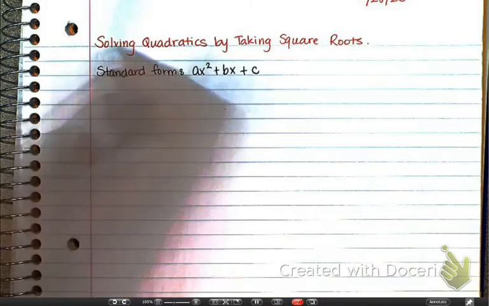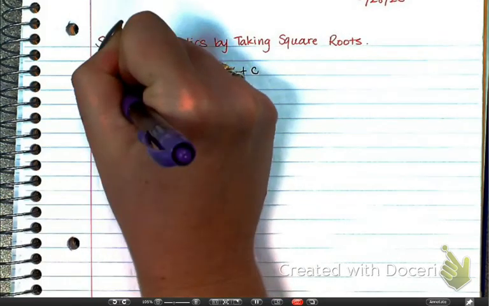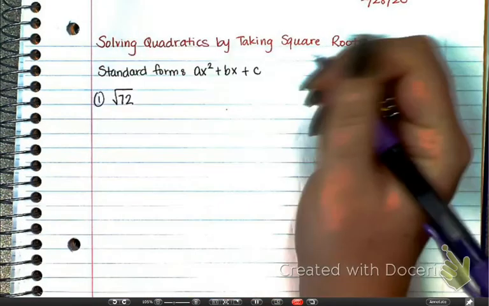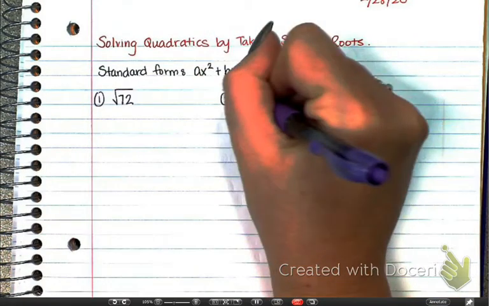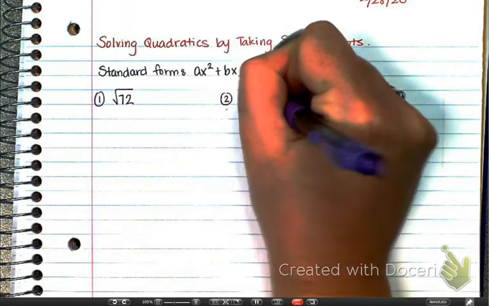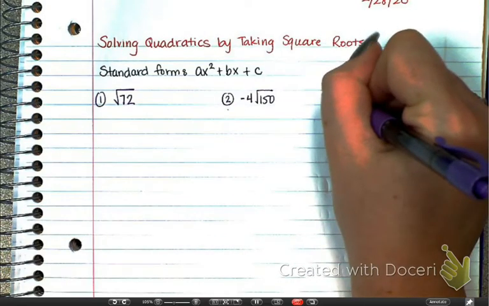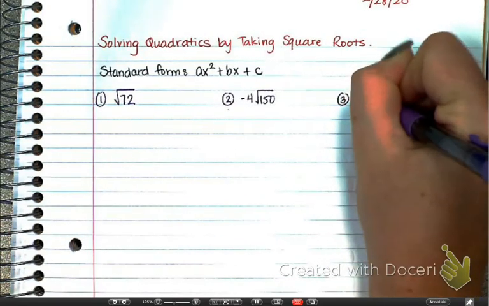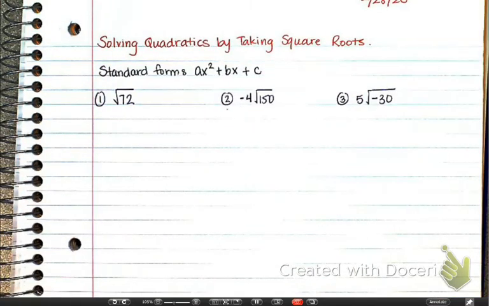Okay. Now we should be really good at simplifying a radical. So I'm gonna give you a couple that I would like you to simplify. So take a second and simplify those 3 radicals.